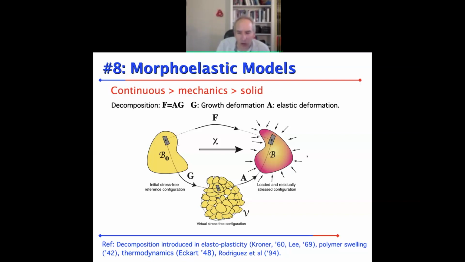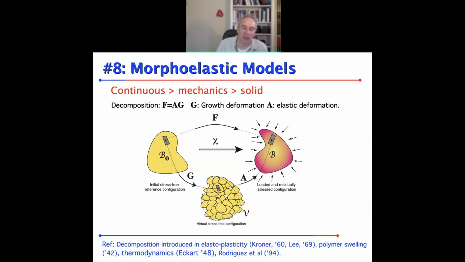So these ideas were first introduced in polymer swelling back in the 40s, but it's really thanks to the work of Rodriguez, a seminal paper in '94, that these ideas were pushed forward as a modeling tool to describe growth. You find the same idea in many other fields, like elastoplasticity.